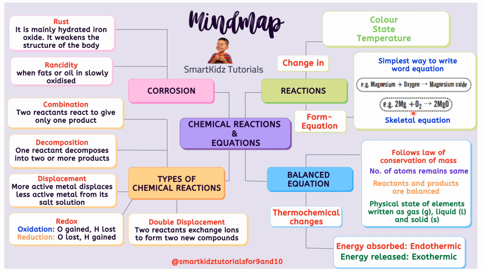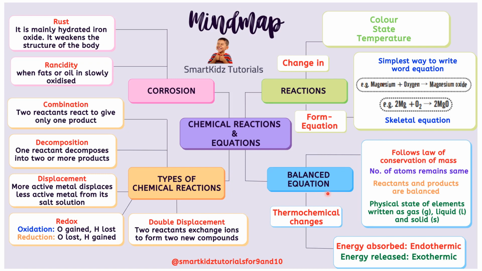Here, of course, it is balanced, because we see there are two atoms of magnesium and two atoms of oxygen on the left hand side, that is on the reactant side, and two of each on the product side as well. This is when you write it in words, and this is when you write it in terms of the symbols of elements.